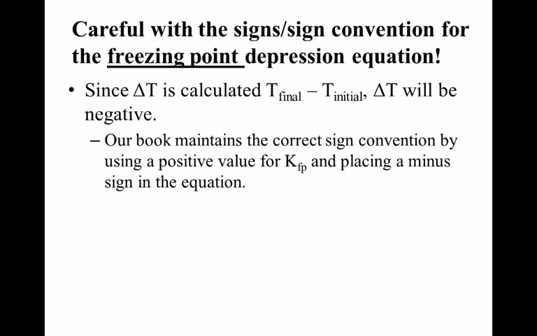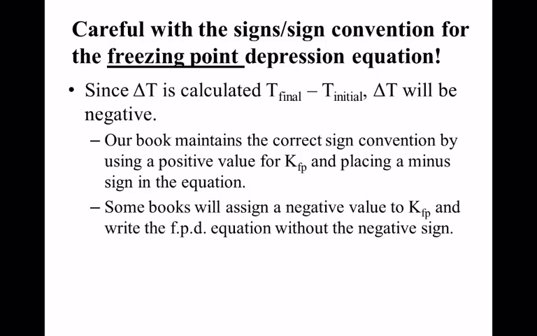So our textbook leaves the positive constants, especially in the case of the freezing point depression constant, but it assigns a negative sign to the formula to calculate delta T. Some books assign a negative value to the constant, in which case you need to recognize that and basically reel in the negative that's associated with the equation.